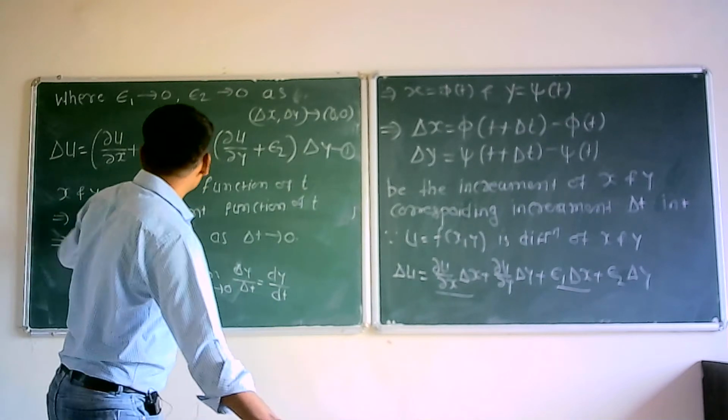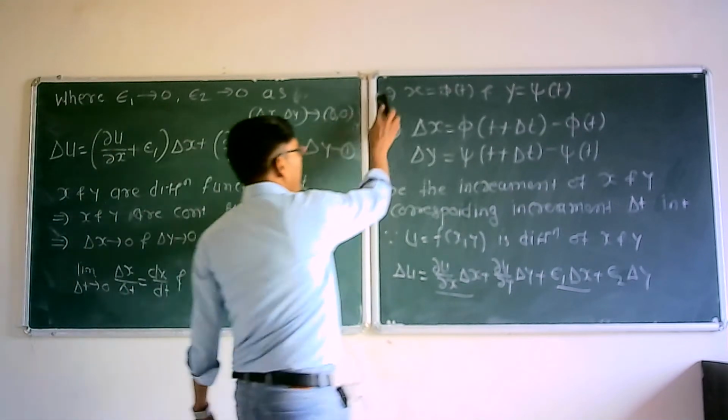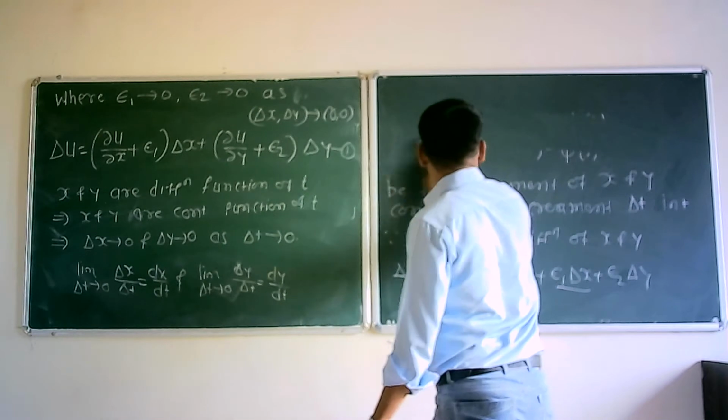Therefore, if we divide this expression by delta t and take the limit as delta t tends to 0, then what happens?